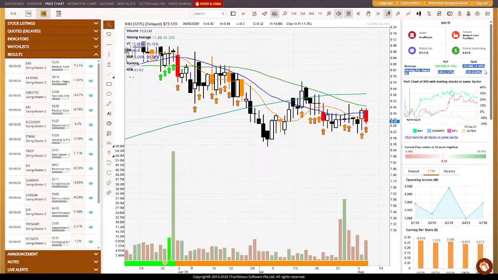No, no. Ideally it will be all green, but if there is one red, then it's okay. So we take a look at the chart next.